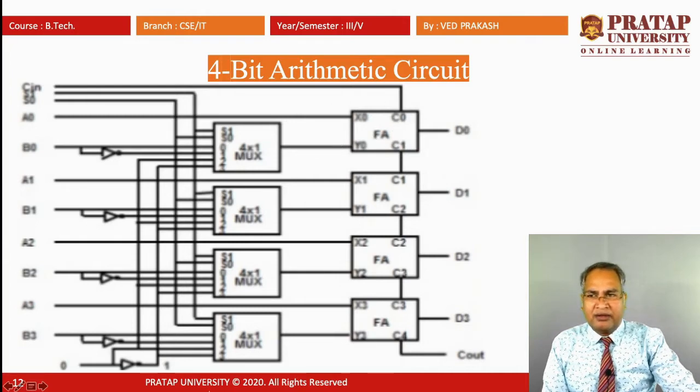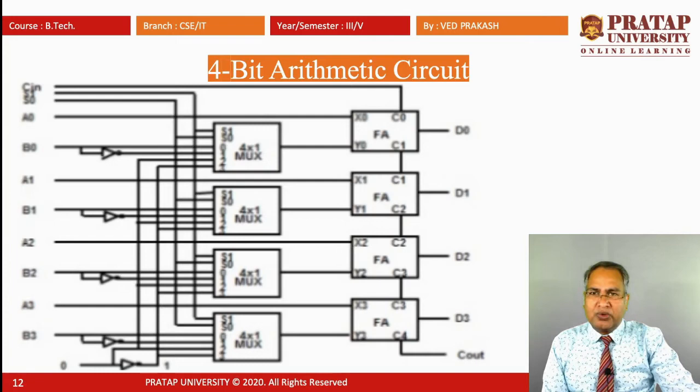One input is given by Cin, that is C0, the next input is given by the contents of register A, and the third input is given by the output of the multiplexer. So there are three inputs and two outputs. One output denotes D0 and the next output is C1.